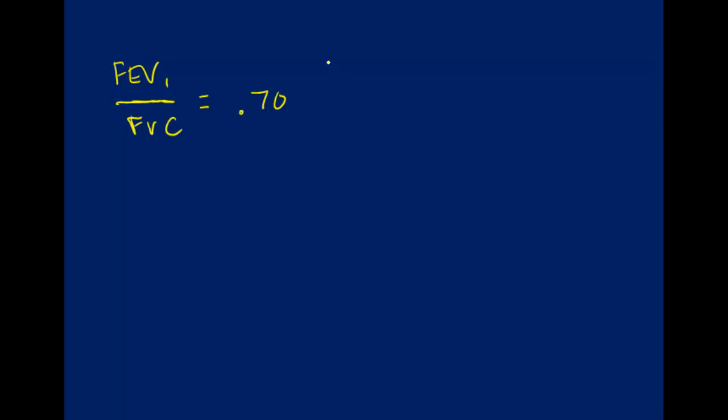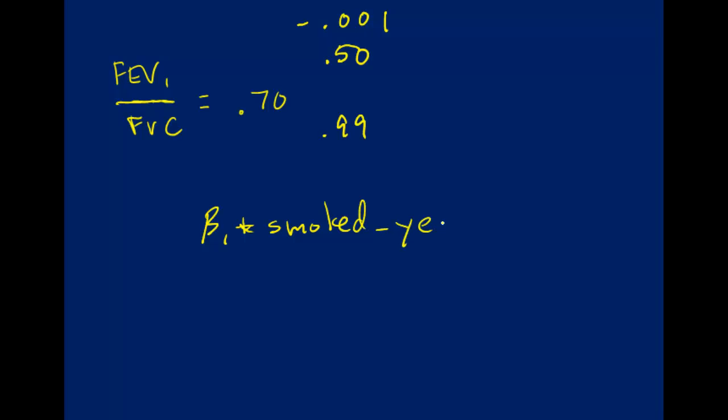And the range here is from about 0.50 to 0.99. So what would it mean if this was changing by 0.001? Well, it means that it would be going from 50% to 49.9, or from 70% to 69.9. So what this means is we have this beta coefficient, beta 1 times the number of years that you smoked, and the beta 1 is equal to negative 0.001.